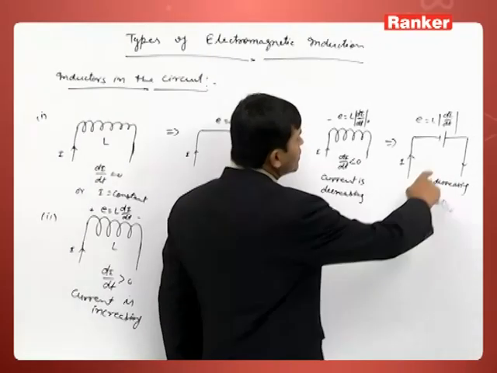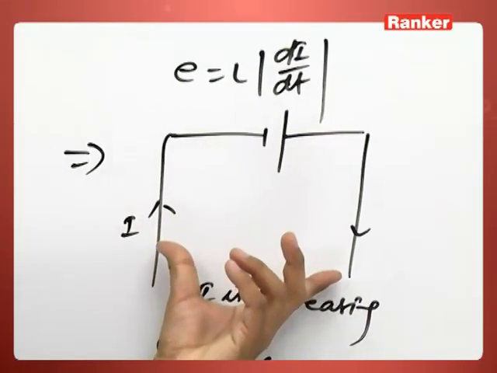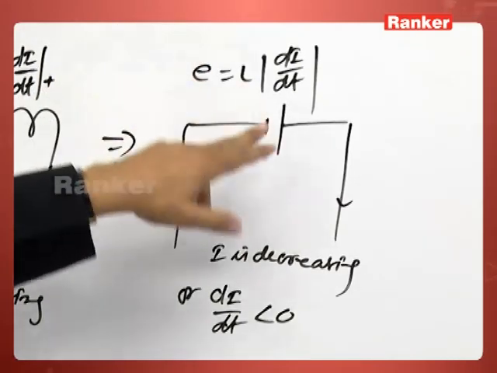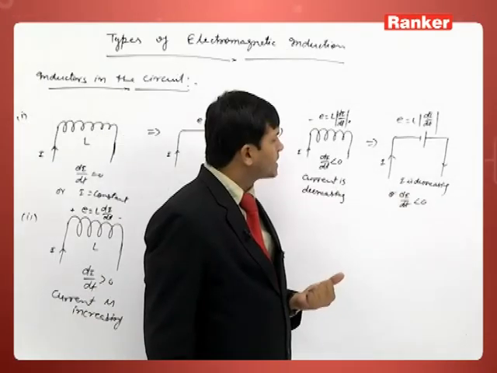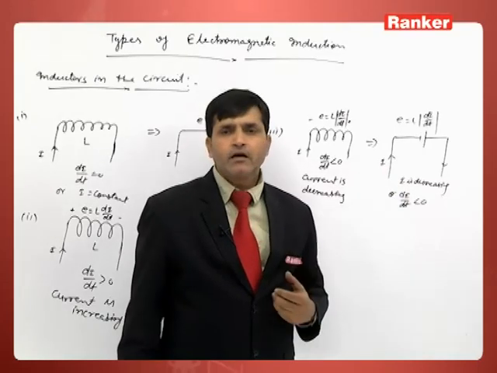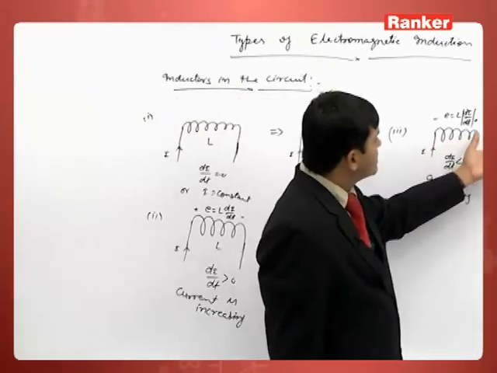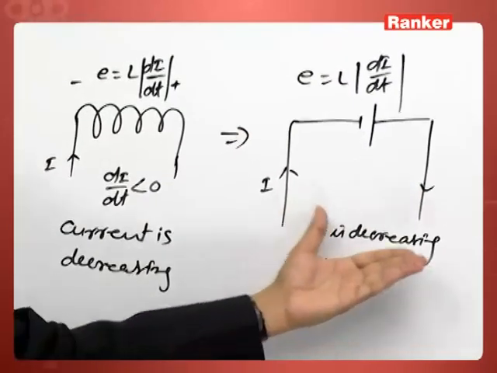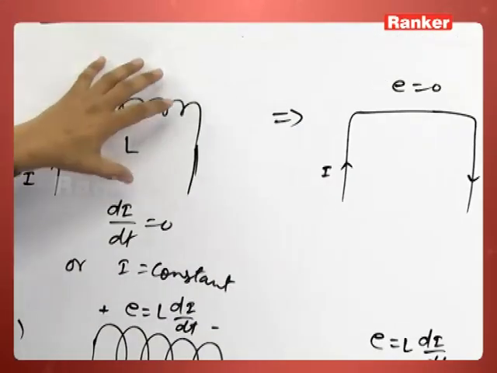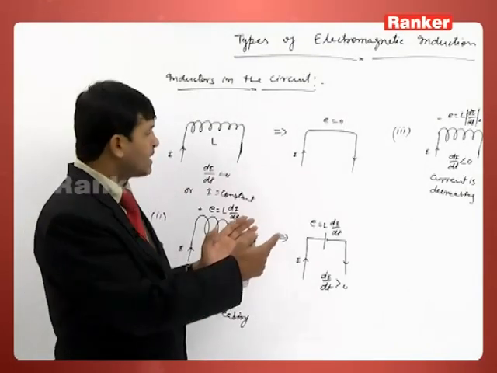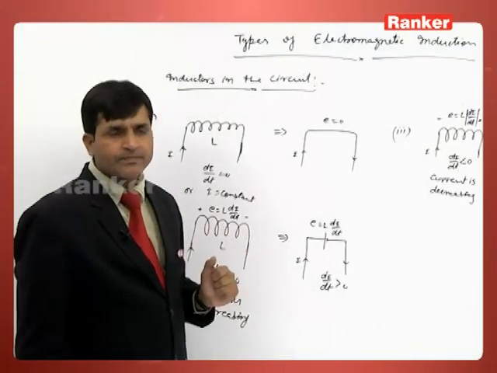Similarly, if the current flows out through the higher potential terminal, it indicates the terminal voltage of the cell is less than the EMF of the cell, which is why current flows in this direction. That is just like the discharging of a cell: whatever energy the inductor stored earlier is decreasing, dissipated through some resistance. And when the inductor is totally charged, meaning it has gained full energy, the current in the circuit becomes constant.